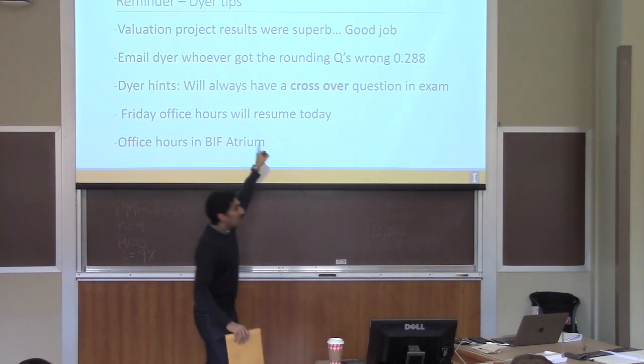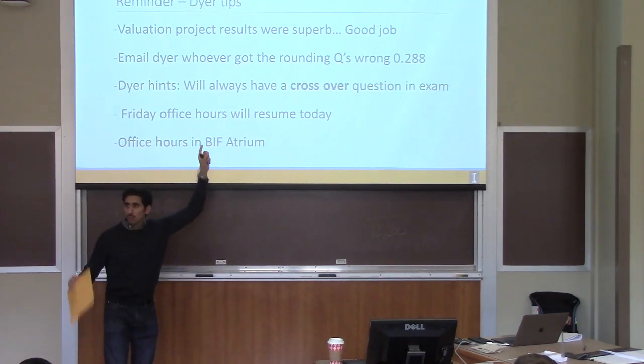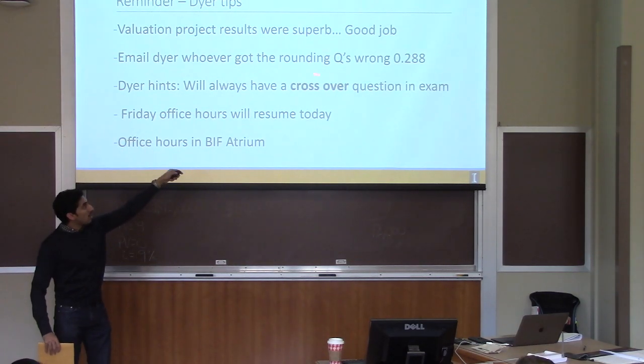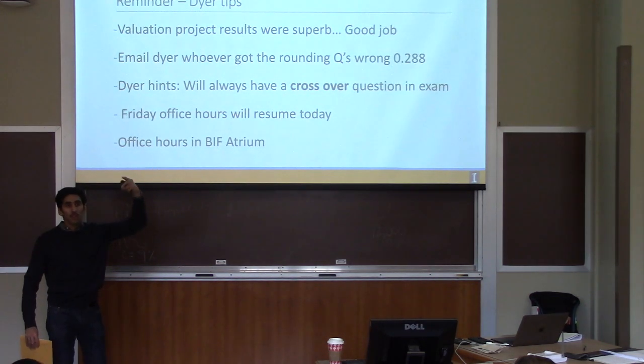Before that, just the main issues. The evaluation project was superb compared to the whole class. We did really well. There was a question in the exam where the answer was 0.288, and he gave you two answers. It's either 2.9% or 2.8%.